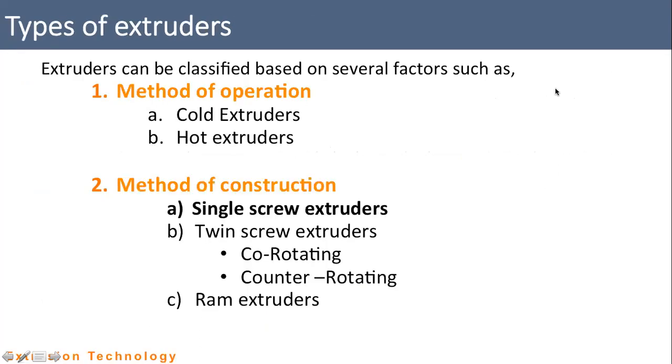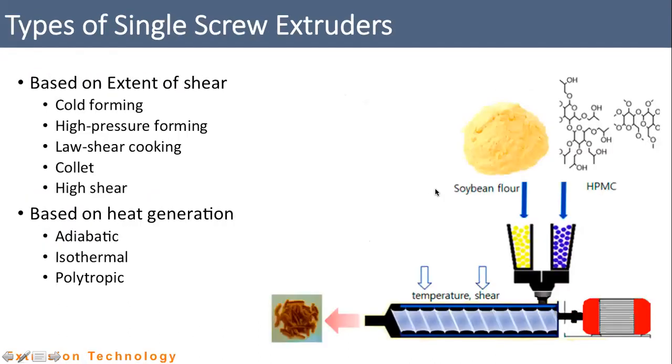As we discussed here, I have used two classifications: method of operation and construction. And when we discuss method of construction, single screw extruders are available. Then we can divide them further based on the extent of shear. Shear means, sorry, it's somewhat about pressure.